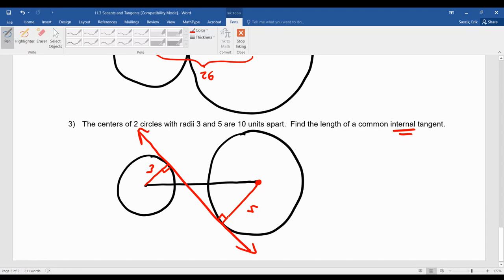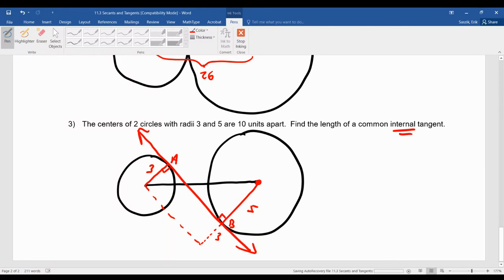I'm going to extend this radius of 5 the same length as this. And I'm going to connect these points here then. And now I have created a rectangle here. Remember, what I want to find here is the length of AB.